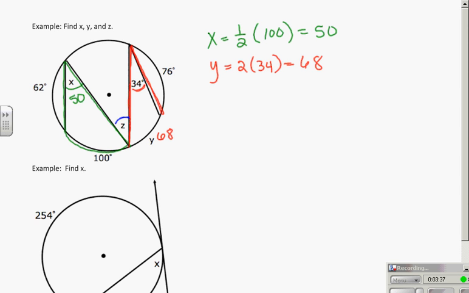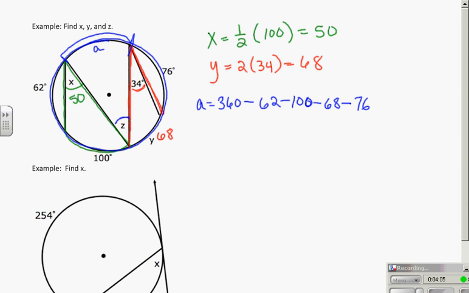Now to go back to find Z, I need to think about this whole circle for a minute because I really need to know this arc. And the arc that goes with it, let's just call that A for a minute, is going to be 360 minus all the other pieces. So minus 62 minus 100 minus 68 minus 76.